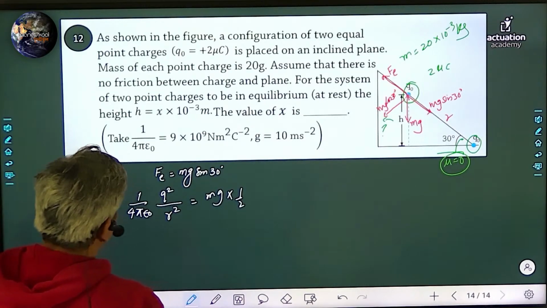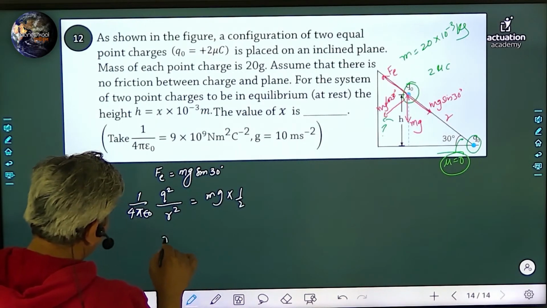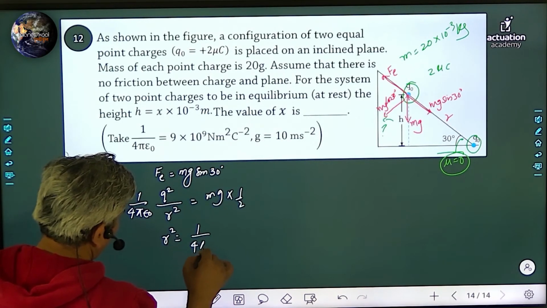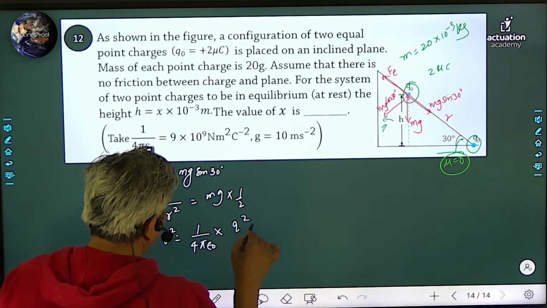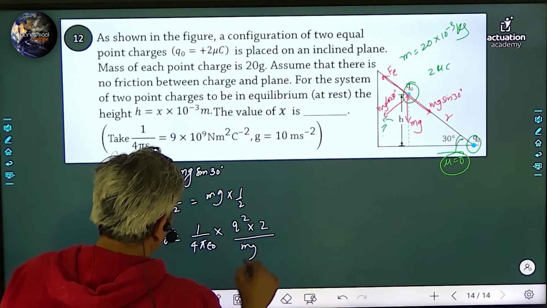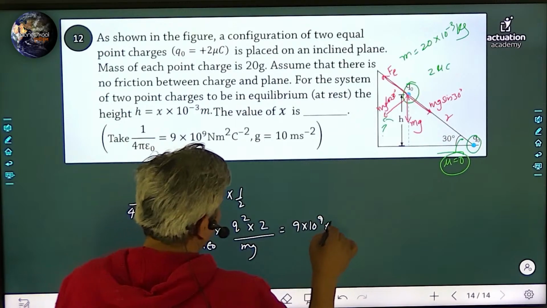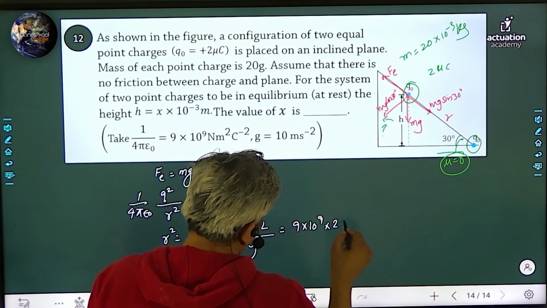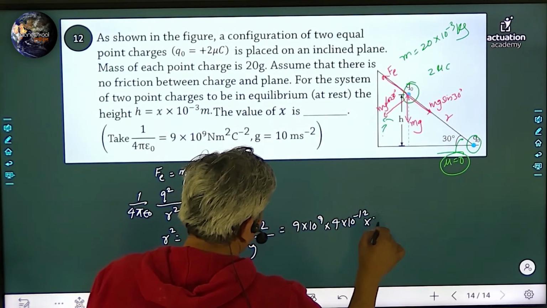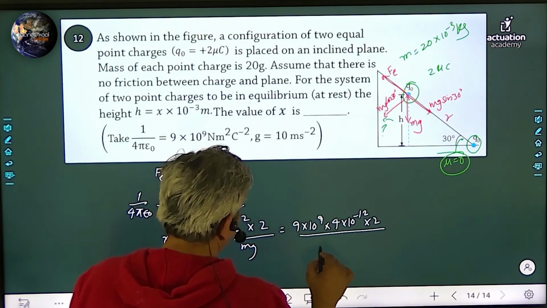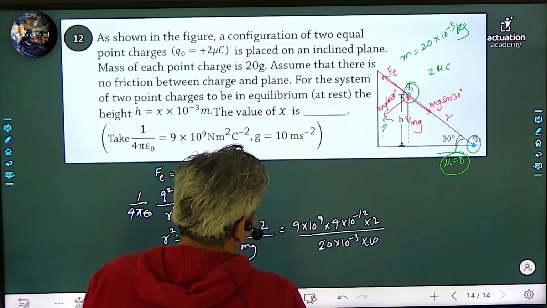So let me find out r here. r square can be written as 1 by 4 pi epsilon naught into q square into 2 by mg. Now let me put all the values here. 9 into 10 raised to power 9 into q square, which is 4 into 10 raised to power minus 12, into 2 over mg. mg means 20 gram into 10 raised to power minus 3 into 10.